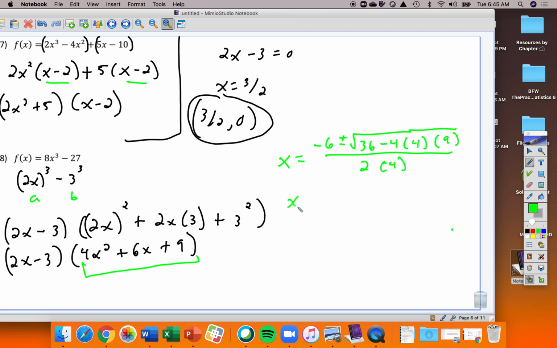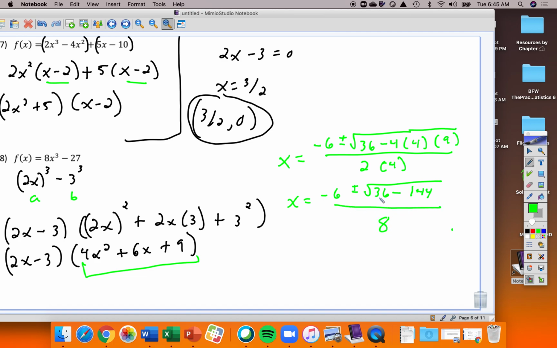So we end up with x equals negative 6 plus or minus the square root of 36 minus 16 times 9, which is 144, all over 8.